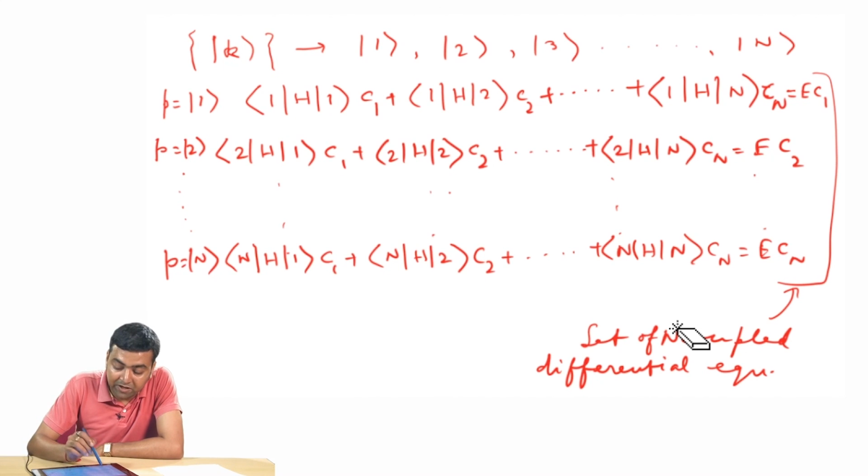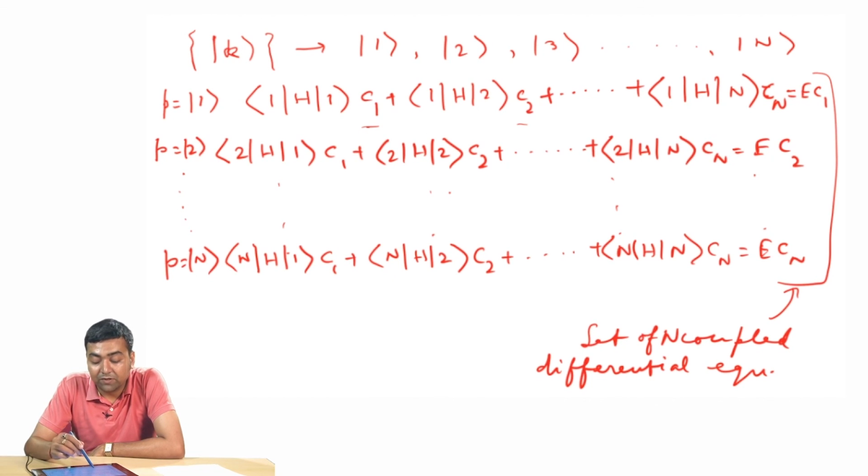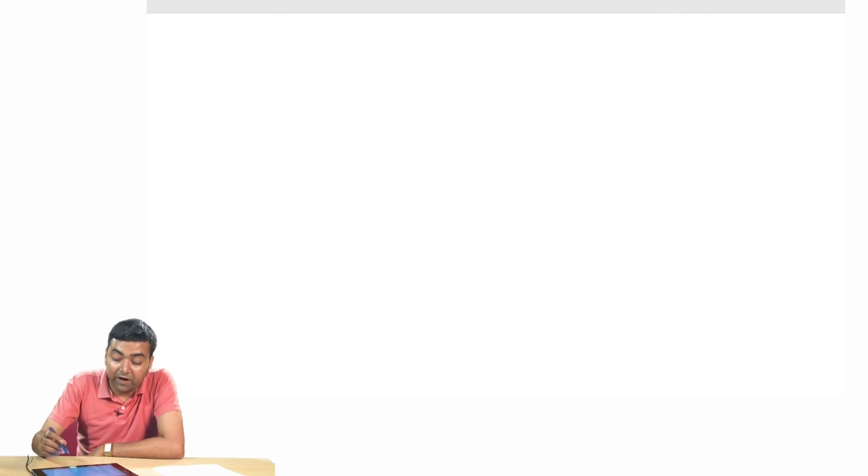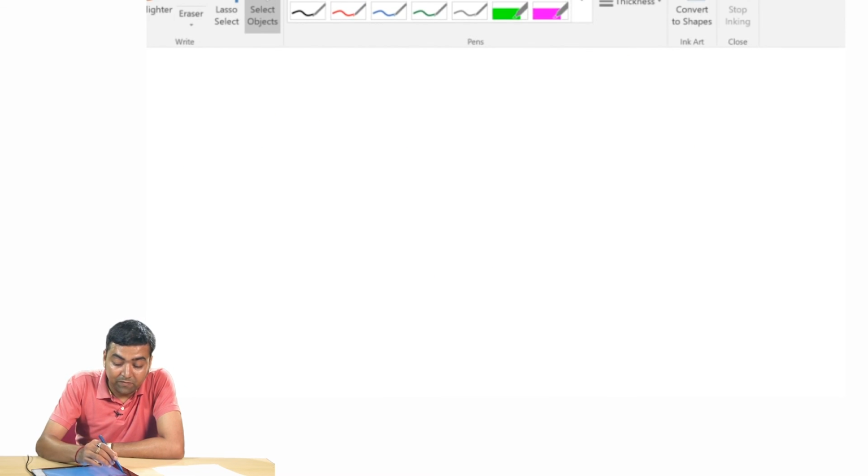Each of these equations is linear in the C's, which are our unknowns. So, I have n plus 1 unknowns: that is n values of C's, starting from C1, C2 to Cn, and then my energy eigenvalue. The way to solve it is to write this whole thing in the matrix form.